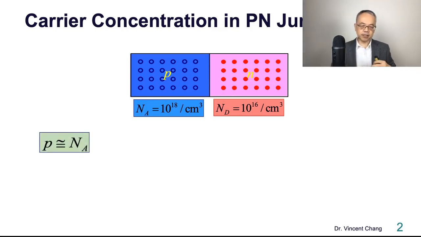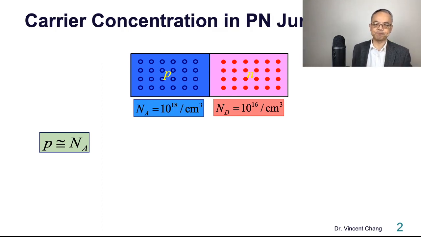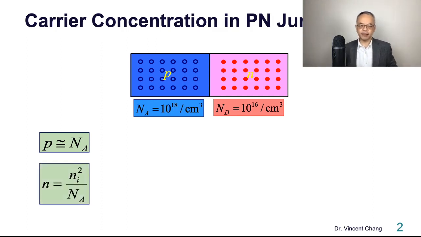Based on what we learned before in fundamental semiconductor physics, on the left-hand side, the hole carrier concentration will be solely determined by the acceptor atom concentration, which is Na. On the other side, the electron carrier concentration in the p-type is the minority carrier.